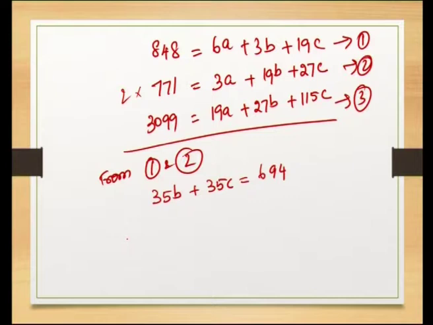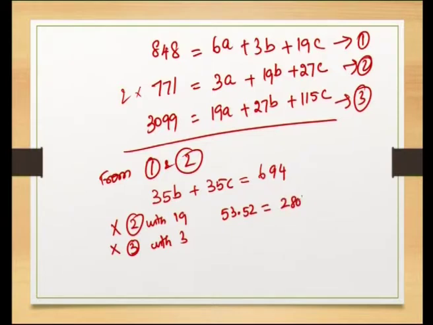Similarly, to eliminate a, multiply equation 2 by 19 and equation 3 by 3 and then subtract, and we get 5352 is equal to 280b plus 168c. Okay. This is the 4th equation and this is the 5th equation.